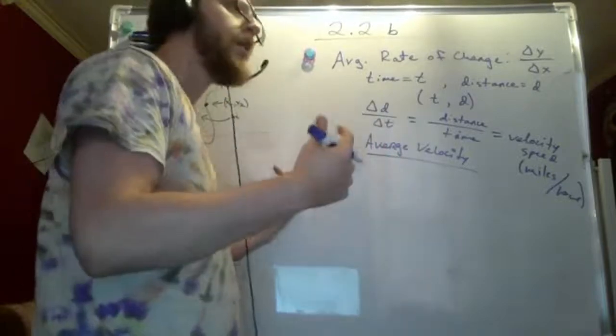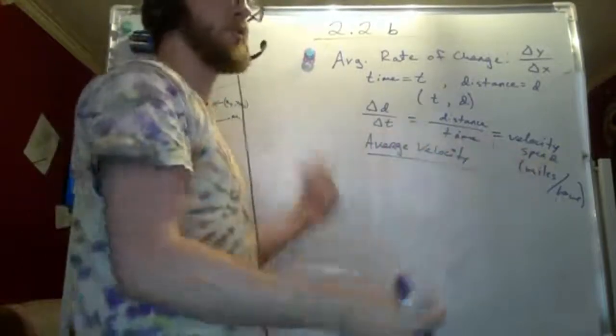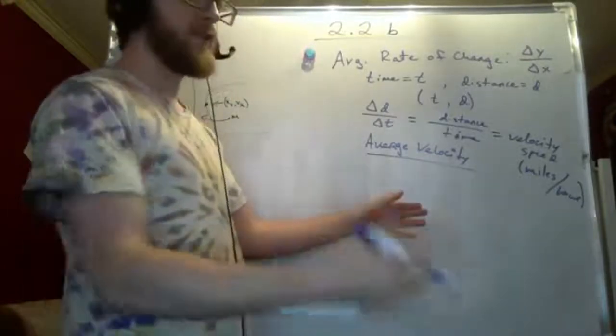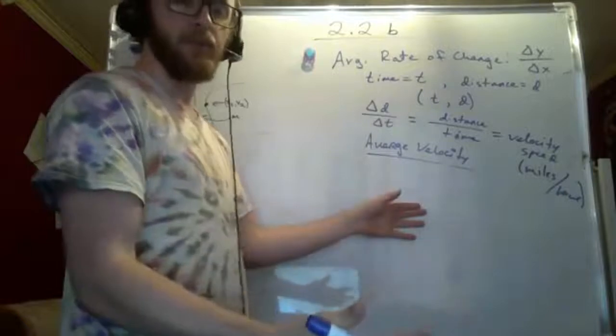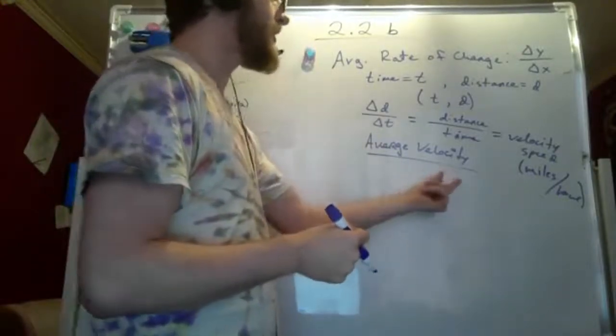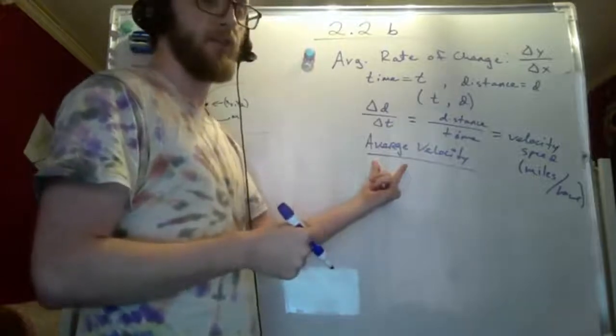We would like to know what was their top speed, what was their slowest speed at time equals 5 seconds, how fast were they running? We would like to know more specific information about the velocity rather than just the average.